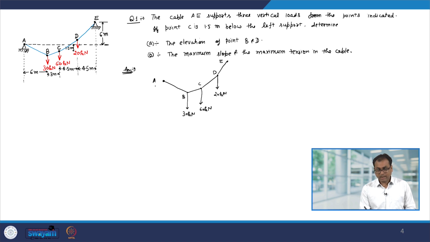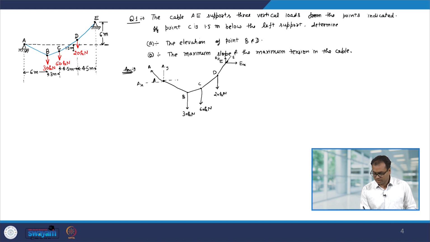Now, at point A the support reaction is going to act along the cable. So, let us say this is A. Similarly, at point E it will be along the cable, let us call it E. Now, I can resolve this force A into Ay and Ax. Similarly, this force also I can resolve into Ex and Ey. Now, the dimensions of the cable are also given.